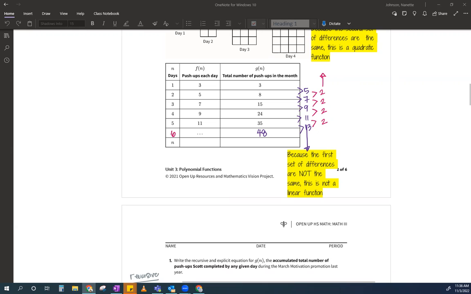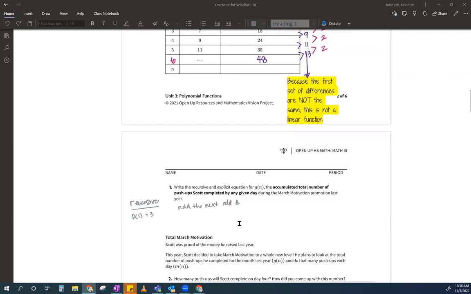So how do I write that? First I just want to write it in words: to get to the next number, add the next odd number. That's just in words. But how do you actually write the recursive function out? Well, you will learn this later, but the way you say odd numbers in the land of math is 2n plus 1.